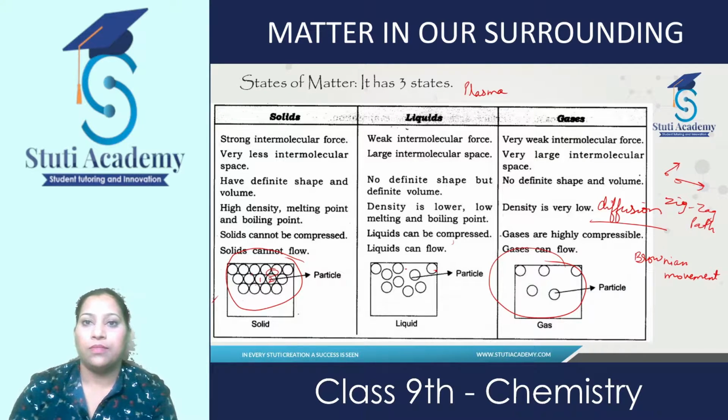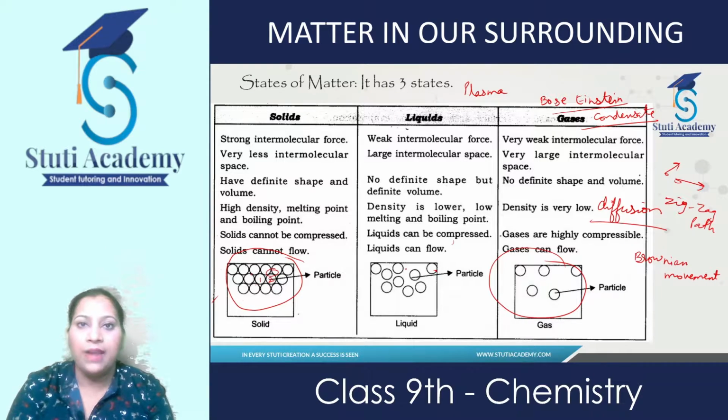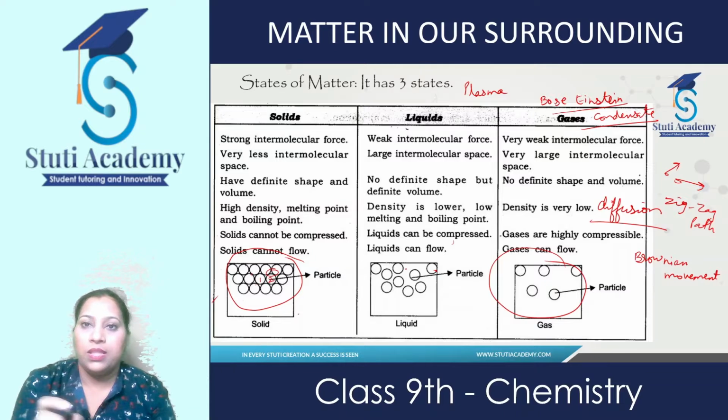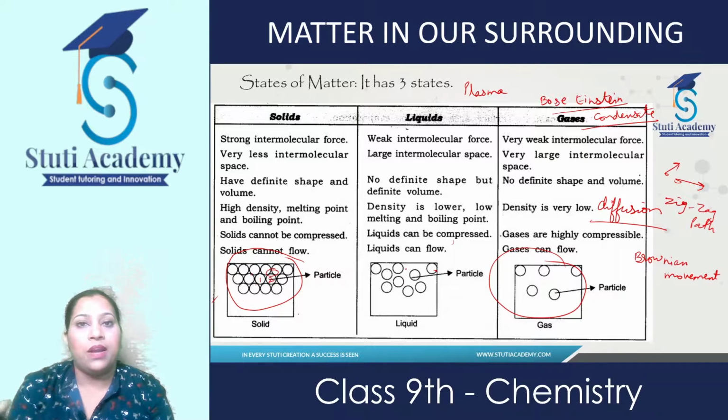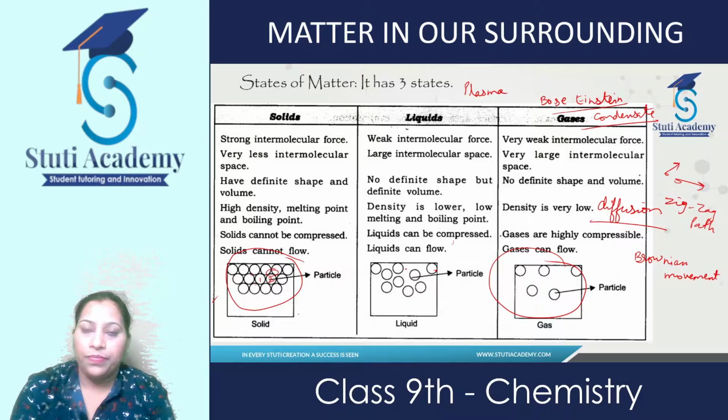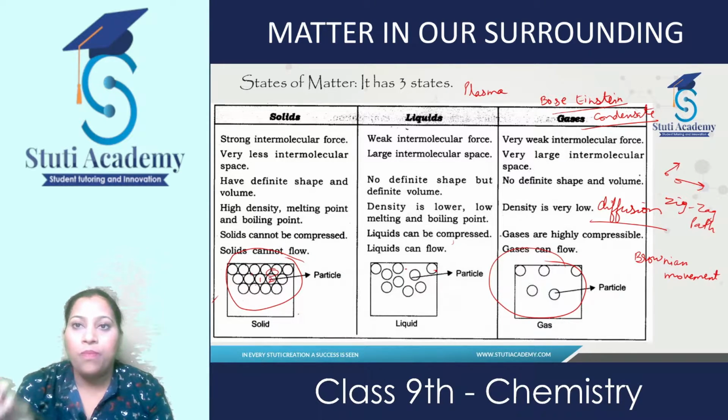Another state is Bose-Einstein condensate. It was discovered by Satyendranath Bose and Albert Einstein. In this state of matter, when gases are cooled at a very low pressure and temperature, they become a Bose-Einstein condensate.